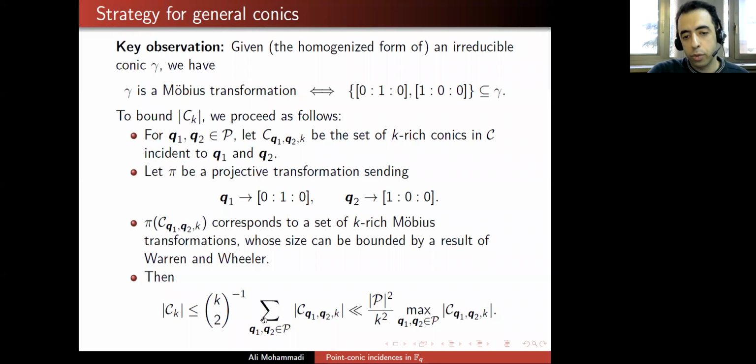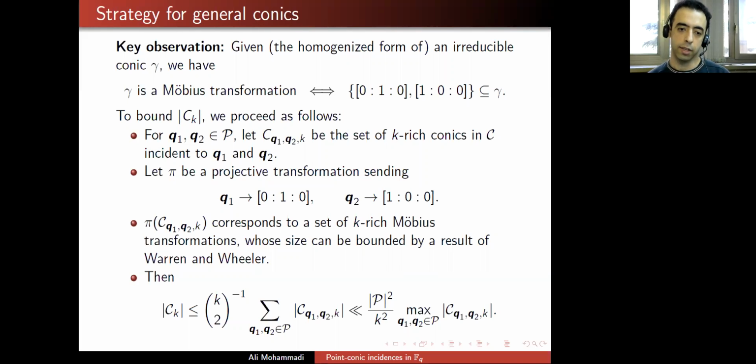But again, these are being overcounted by a factor of K choose 2, because there are this many 2-tuples in each class. So you want to divide it. This, for both problems, was a relatively simple trick, but it really does feel like there should be better strategies, and actually there is.